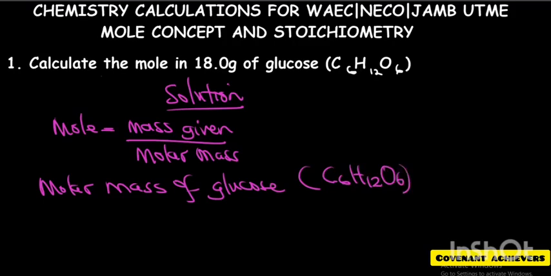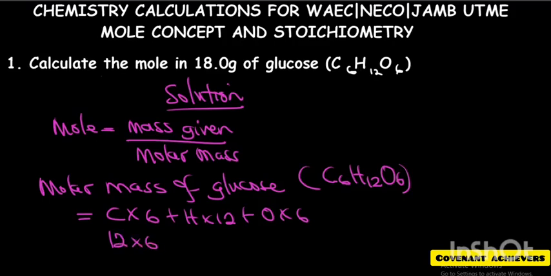In that case, it is calculated as C times 6, plus H times 12, and O times 6. So C, which is carbon, is 12 times 6, then plus hydrogen, which is 1 times 12, then plus oxygen, which is 16 times 6.